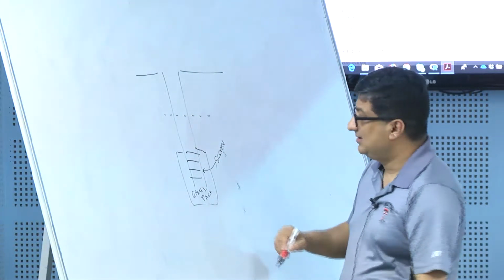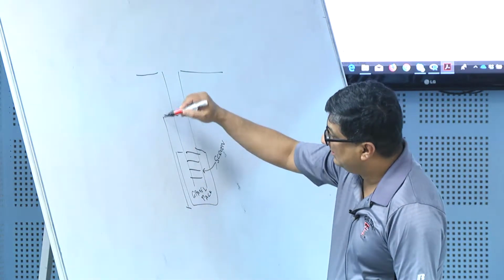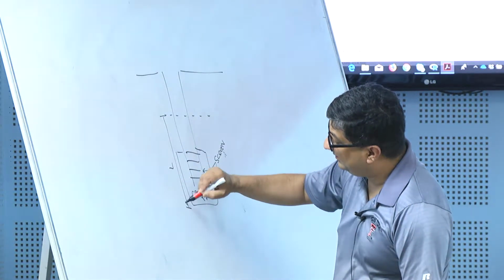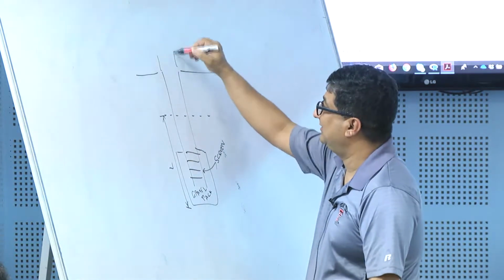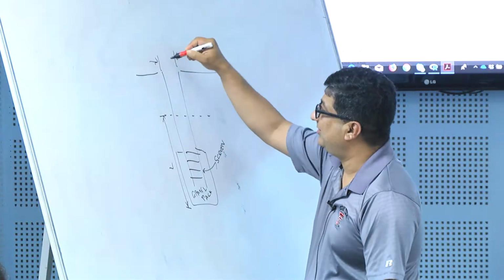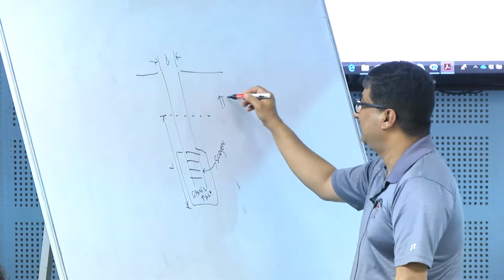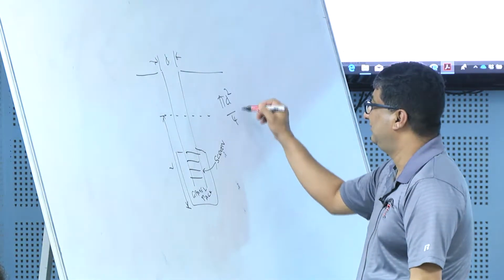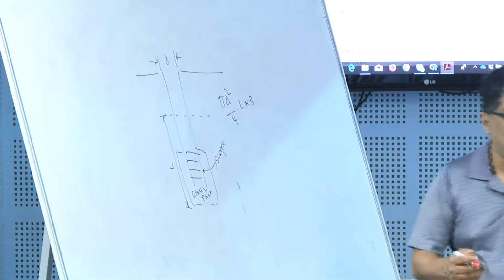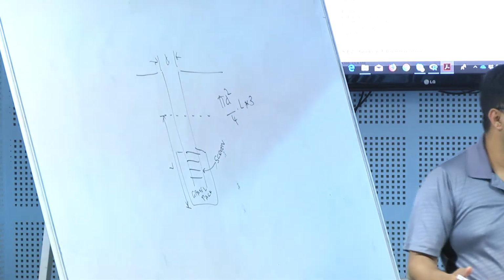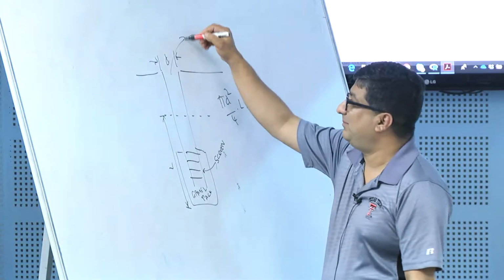So what I do is, this is my length L of water in the well, and I know the diameter of the well D. This is the volume that I want to pump out.